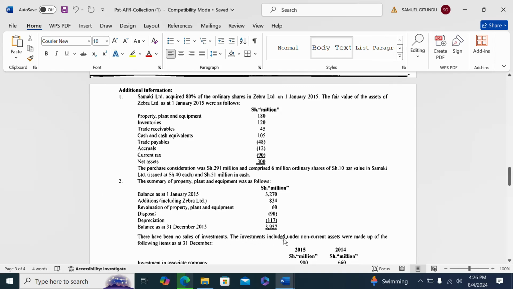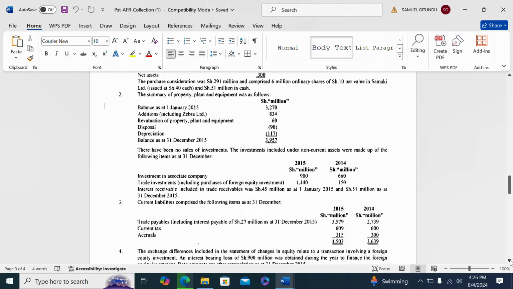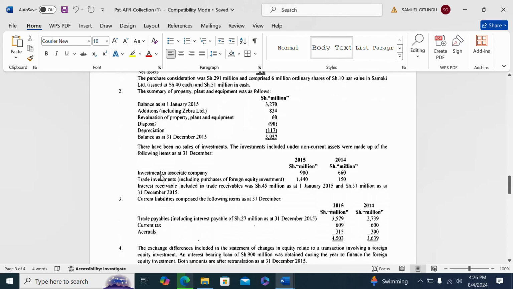The investment included as a non-current asset were made up of the following items as at 31st December 2015 and 2014. So investment in associate company 900 million and 660 million in 2014.